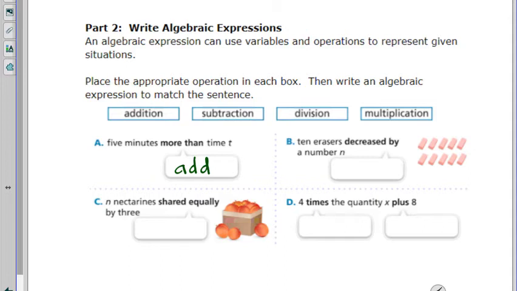Well, if we're decreasing it, we're subtracting. N nectarines shared equally by 3 people. So that we are dividing there. And if I have 4 times the quantity of something, we're going to multiply.